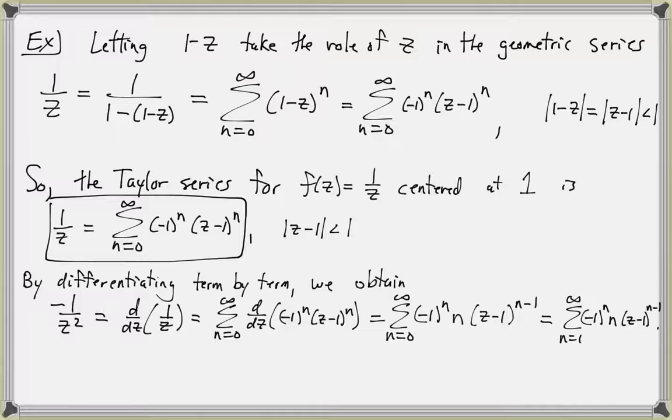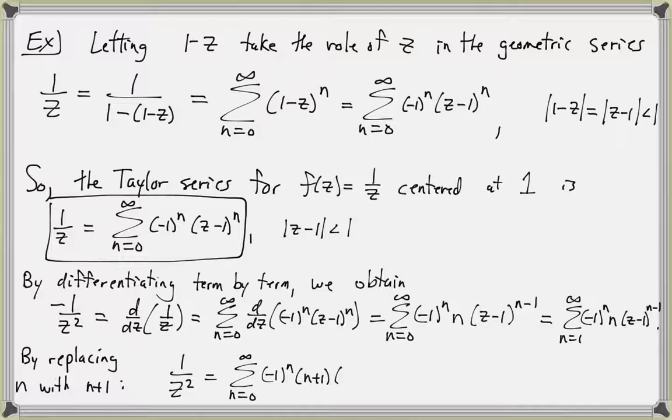Now, the first expression on the left side is negative 1 over z squared, so I can cancel a power of negative 1, and then by replacing n with n plus 1, we can actually obtain this following formula: 1 over z squared equals the sum, now n goes from 0 to infinity, negative 1 to the n, because I canceled a power of negative 1, and it'll be n plus 1 times z minus 1 to the n.